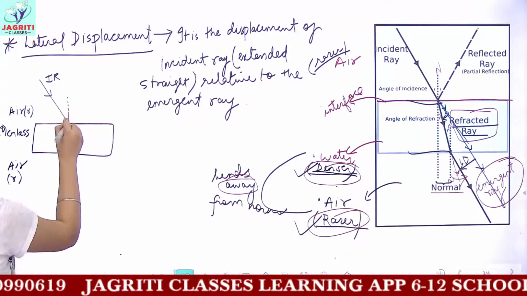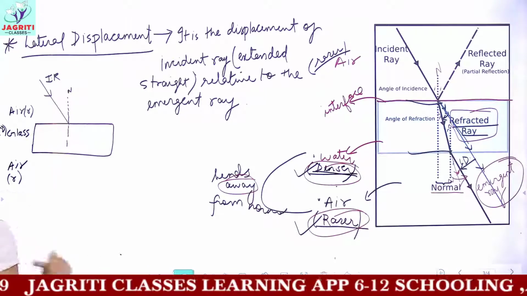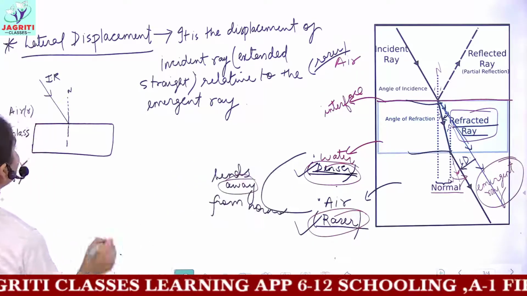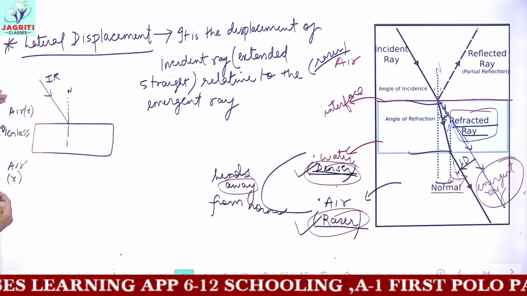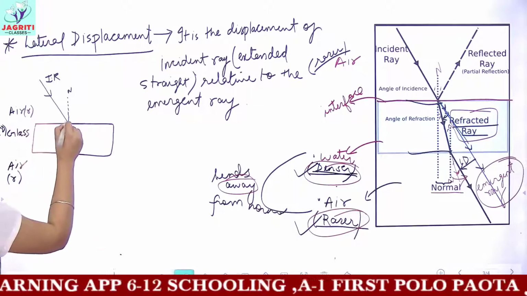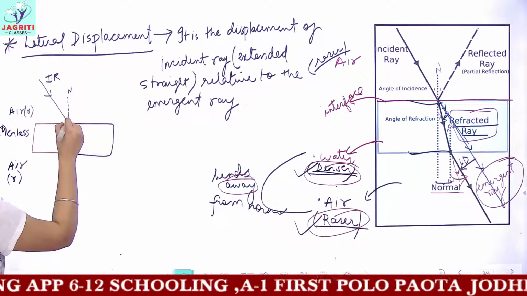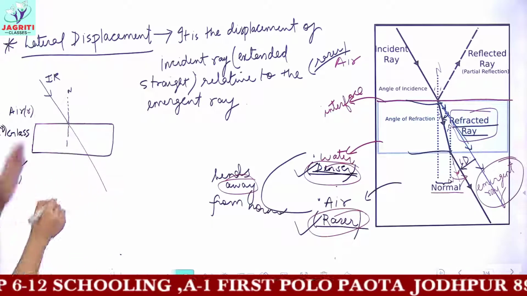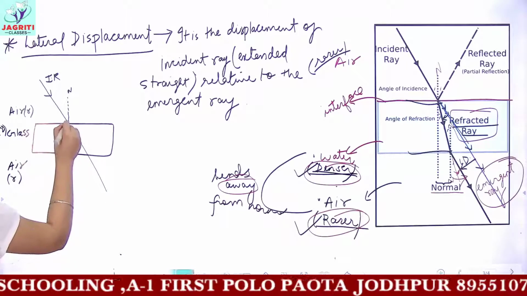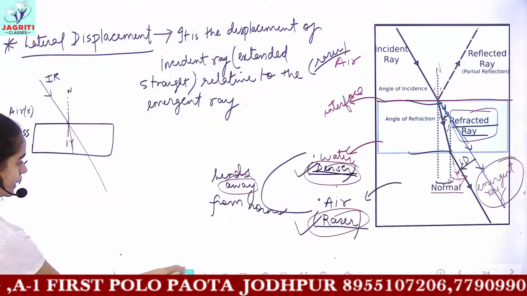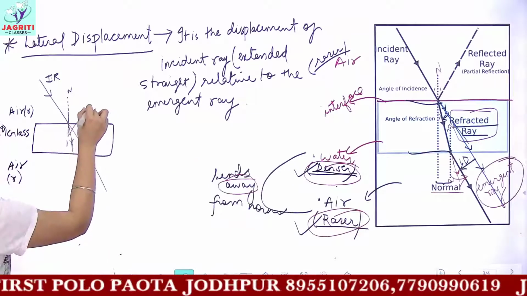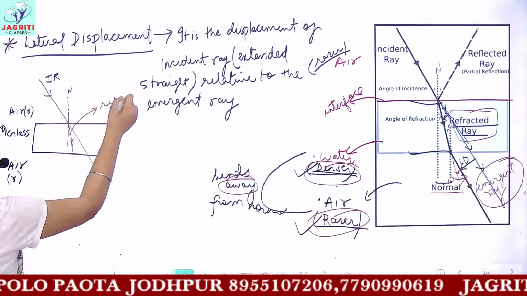Here we draw a straight line, which is the normal. Because it is entering from rarer to denser medium, it should come like this. If no refraction occurs, it should travel in this manner. But here the incident ray is traveling in this manner, and this ray is called the refracted ray.